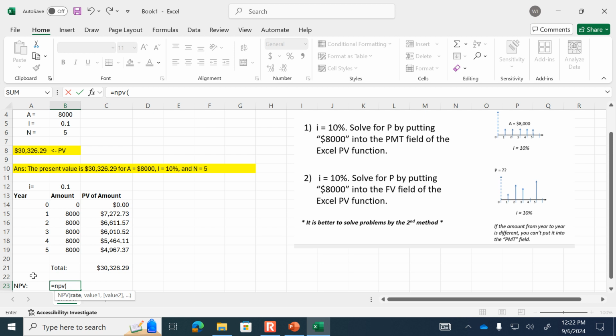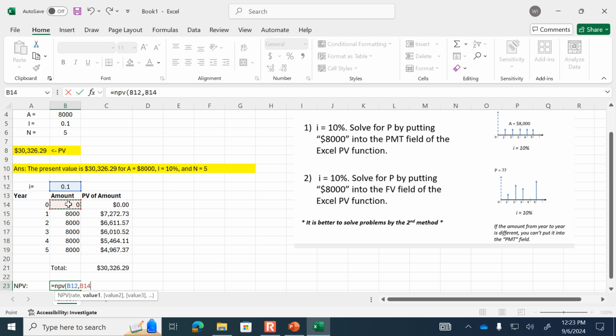We could either type in 0.1 or we can point it at a location where that interest rate is keyed in. So I'll do that. Here's the interest rate. I don't necessarily have to anchor this reference because I'm not going to be dragging the NPV function down through additional rows. Okay, now comma. The values you should put into it are only the amounts that are in the future.